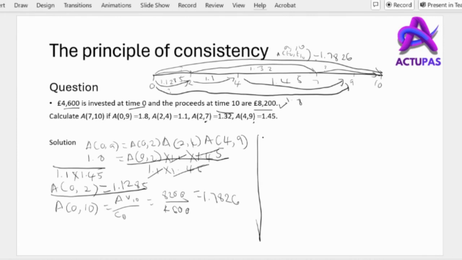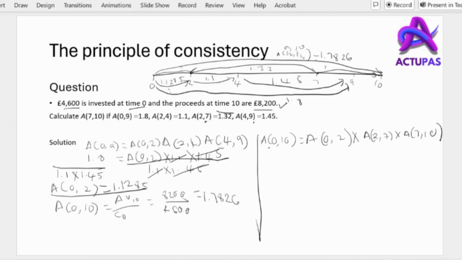So using the principle of consistency, we know that a 0 to 10 is equal to a 0 to 2 times a 2 to 7 times a 7 to 10.